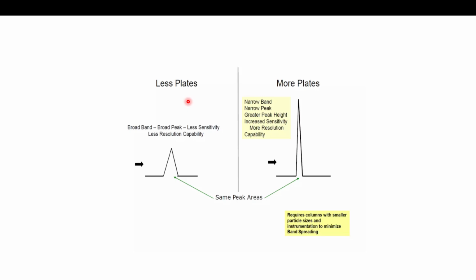Suppose one compound has more affinity, a preferential interaction for the stationary matrix; it interacts more with the stationary matrix because we are placing more plates there. By the time that interaction is taking place, the other compound that doesn't have that strong an interaction can flow out and elute out much earlier than the sample of your interest.